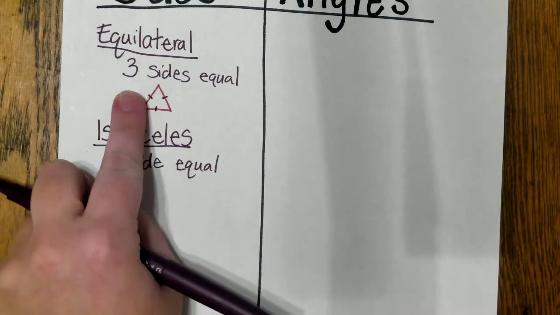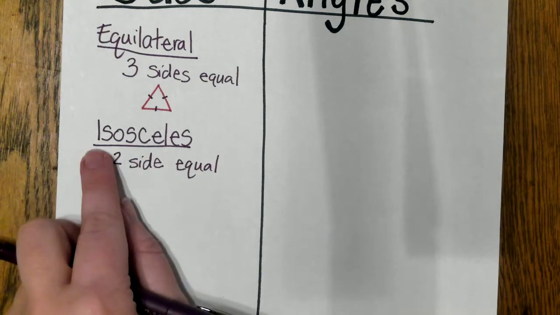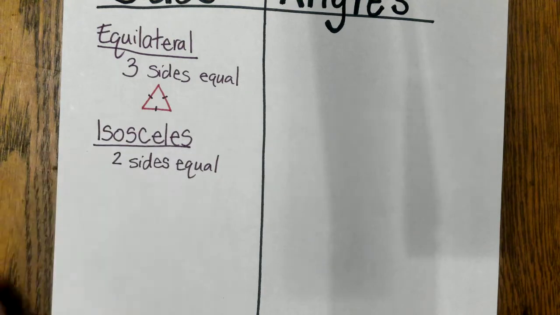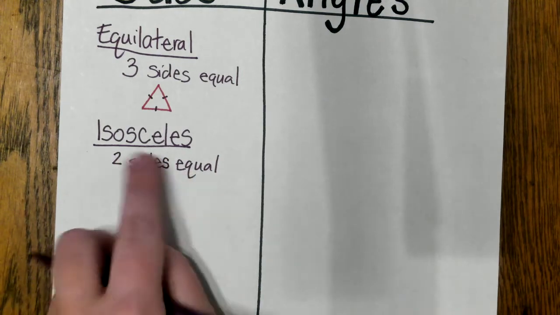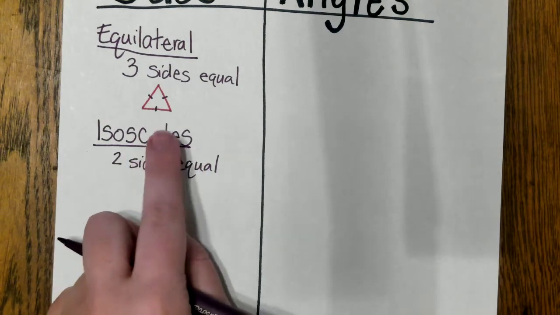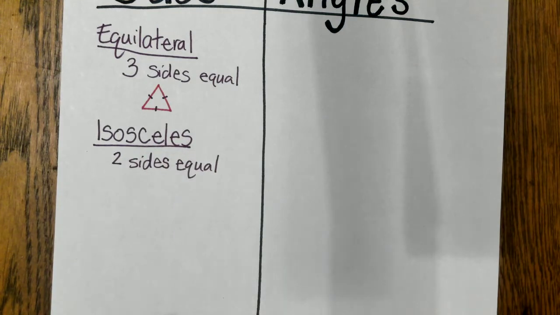So we start with 3 sides equal, that's equilateral. And then we have 2 sides equal. That's an isosceles triangle. It's a little weird, but the way that I remember is that it has 2 E's. Equal. 2 E's. 2 equal sides.